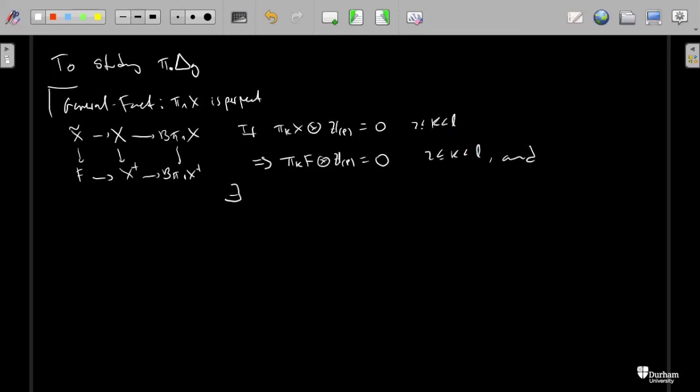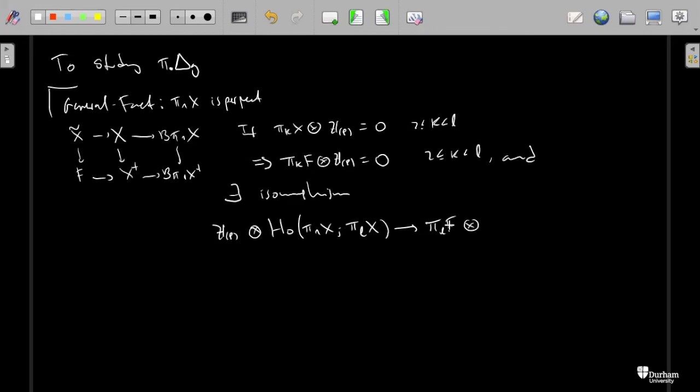And there exists an isomorphism between the coinvariants of pi 1 X acting on pi L of X, oh, and I forgot to tensor this with C localized at P, to the L homotopy group of the fiber.